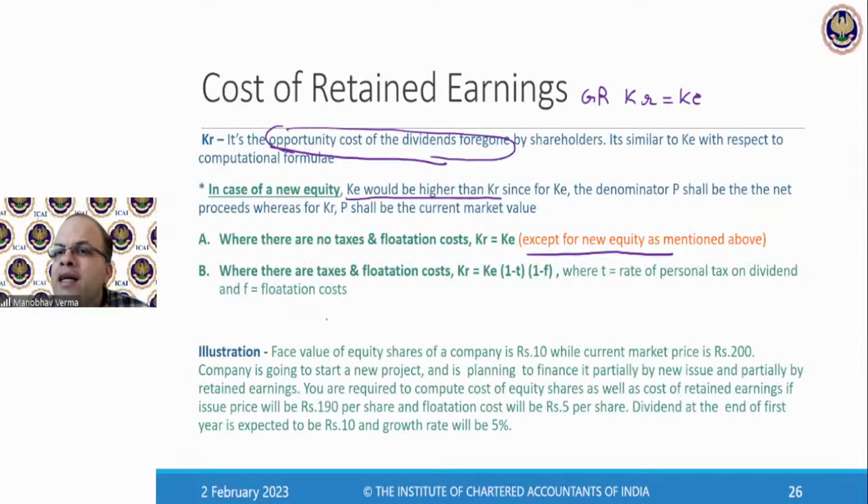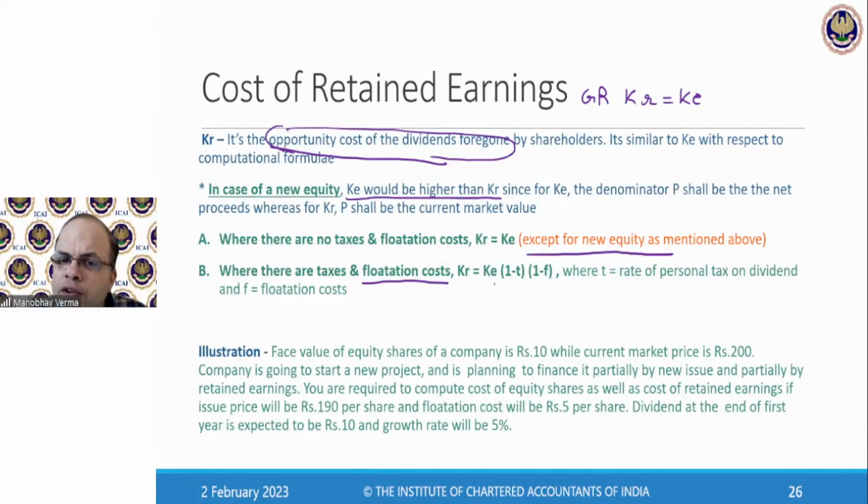Now this is important. We are looking at cost of retained earnings from two perspectives. One, when there is no flotation cost, no taxation, and we are looking from the perspective of expectations, the cost of retained earnings is equal to the cost of equity. However, when there are taxes and flotation cost, instead of 100%, you are getting 98%, 97%, guys.